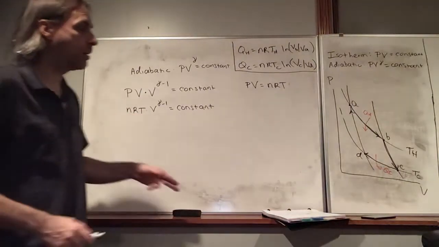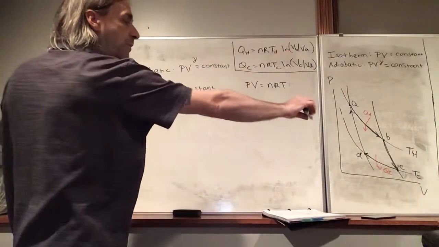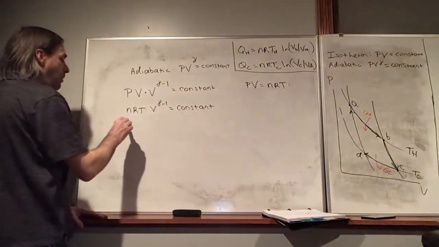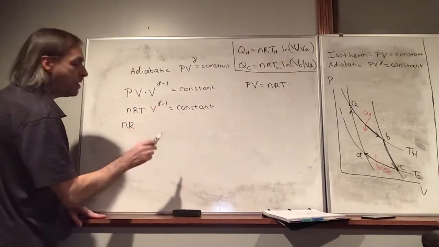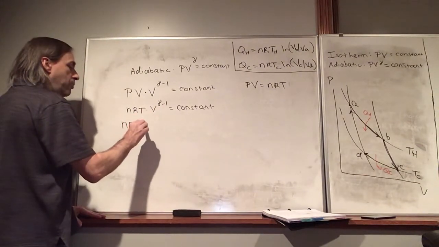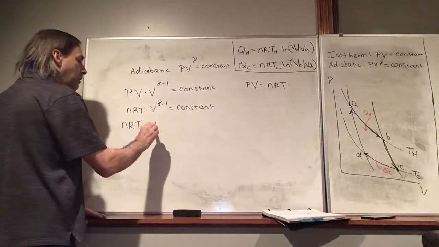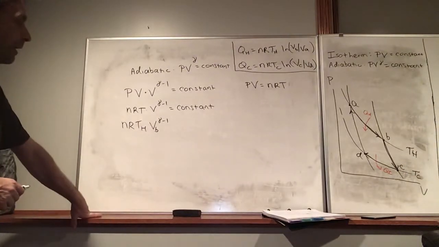So in particular, it's true at point B. Let's look at this first curve here that connects points B and C. We have nR, and at point B we're at a temperature TH and a volume VB to the gamma minus 1.